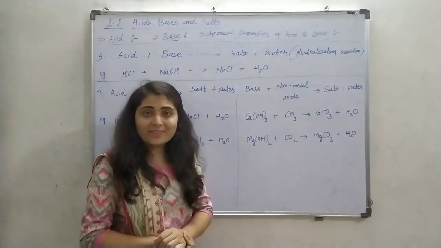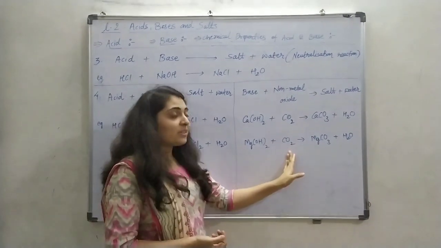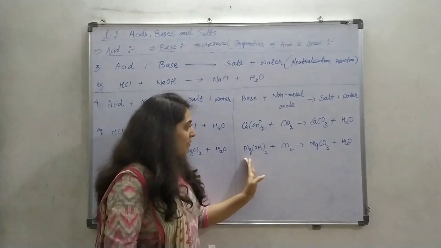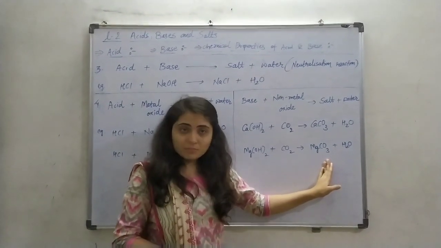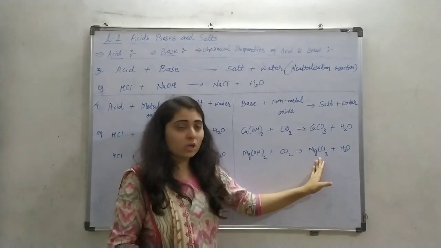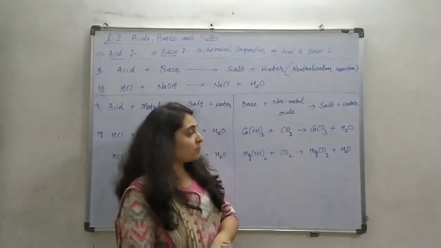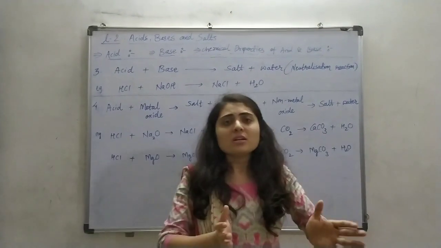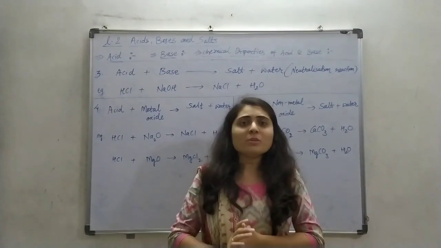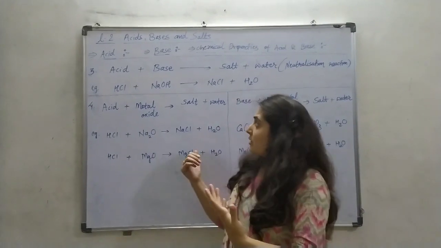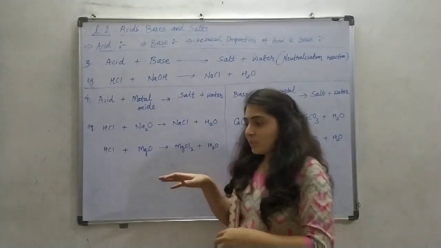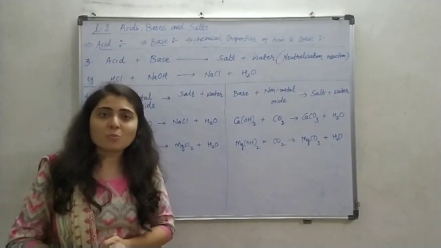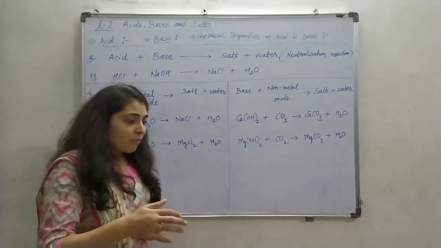Similarly, Mg(OH)2, that is magnesium hydroxide, plus carbon dioxide, a non-metallic oxide, makes MgCO3, salt, and H2O. So this is how acids and bases give some of the very basic chemical properties.